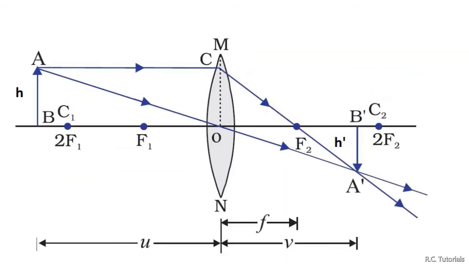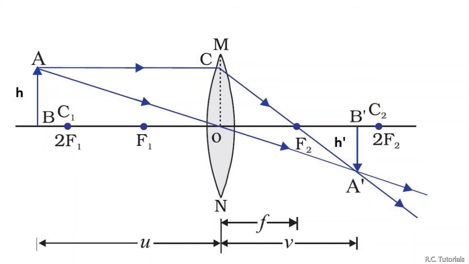Number 2. When the object remains beyond C1, that means it remains beyond the center of curvature. One line will come parallel to the principal axis and pass through the focus on the other side of the lens, and the other line will pass through the optical center and intersect with the first line.